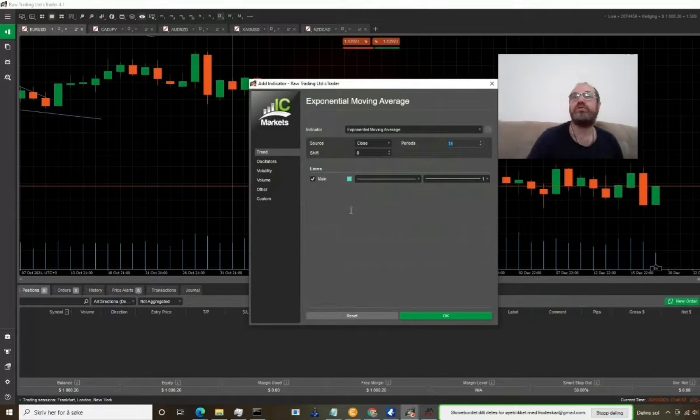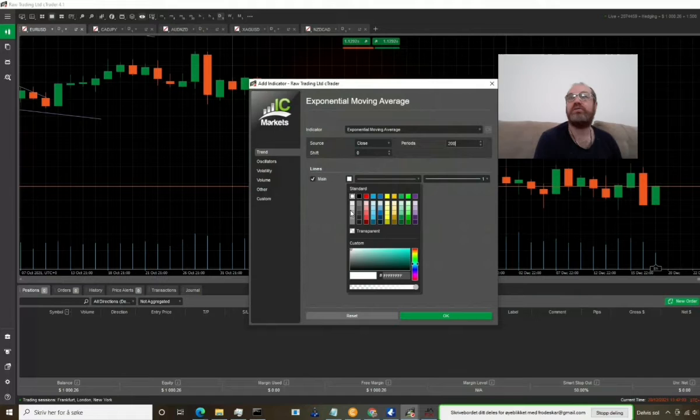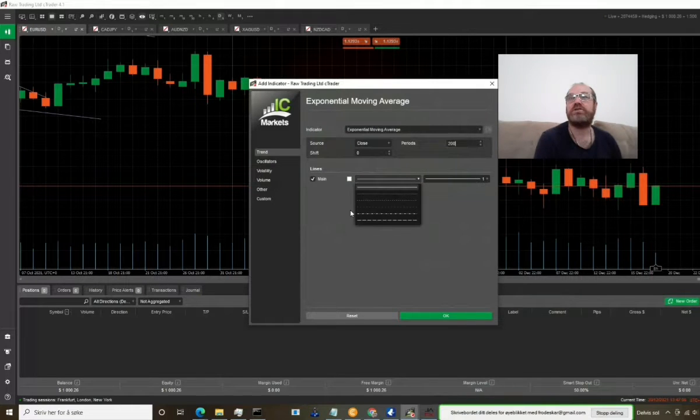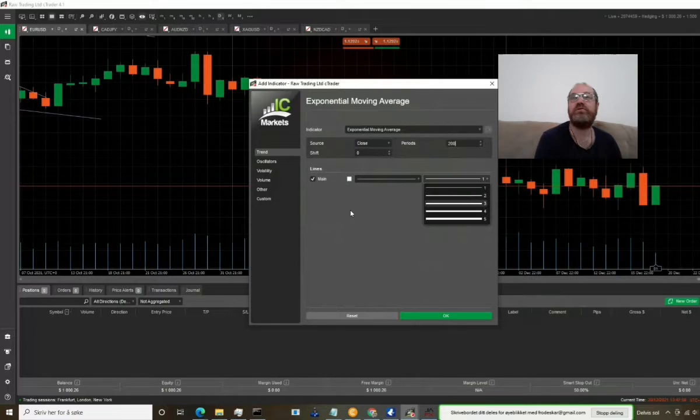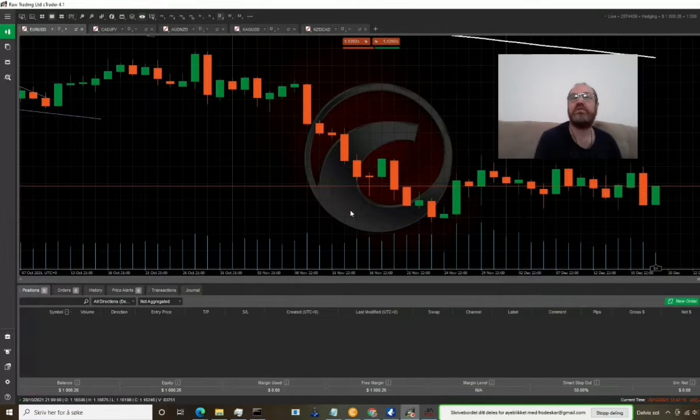We put this one to 200. Let's make this one white. Actually, line is good. Let's make it a little thicker so it's very easy to see. And there we have it.